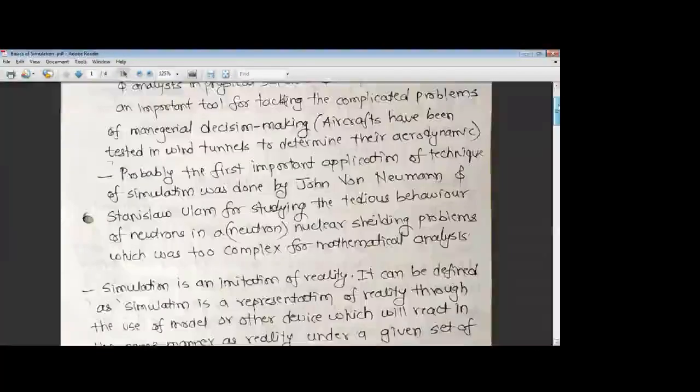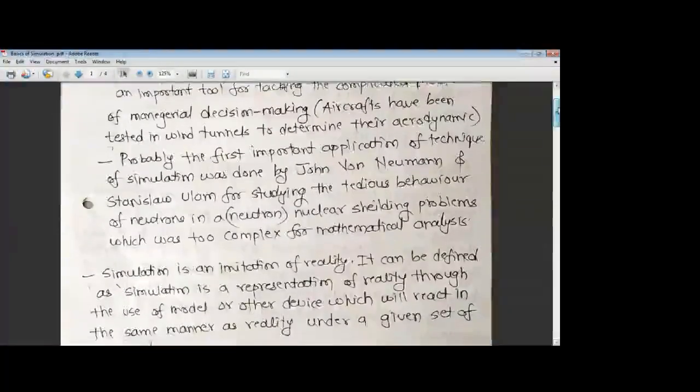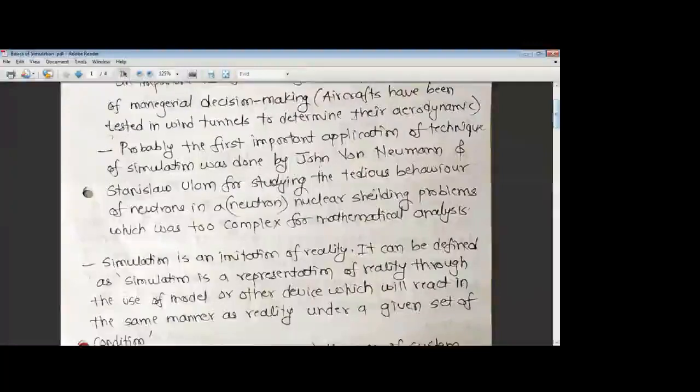So when we move ahead, if you see and understand the history, the first important application of this simulation technique was done by two researchers, John von Neumann and Stanislaw Ulam, for studying the behavior of neutrons.